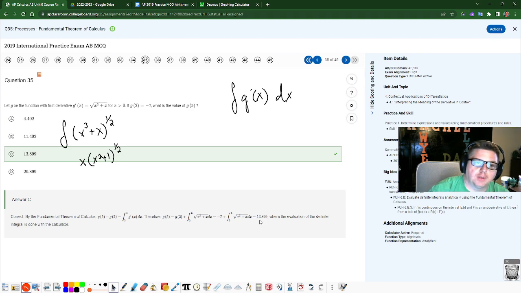All right, so let's see if we can make some sense of this. We want to integrate g prime. Well, I said that, but what are we thinking? What is the value of g of 5?